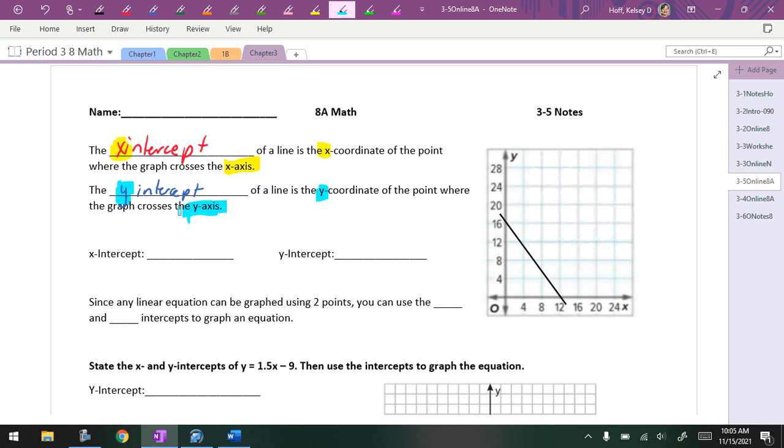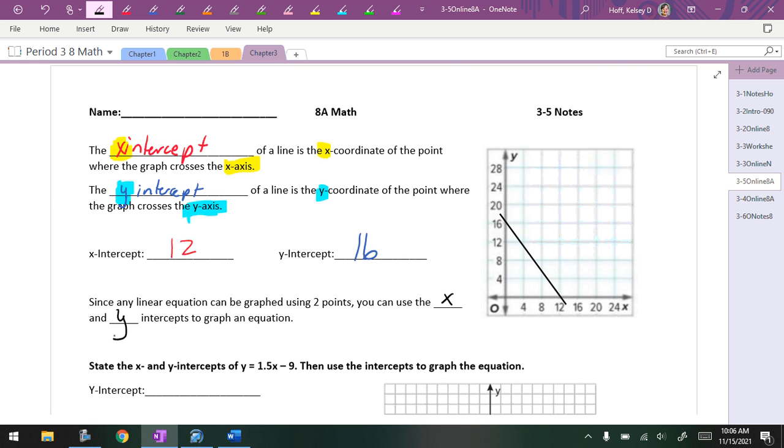Where does that line cross the x-axis? 12. Where's the y-intercept? Where does the line cross the y-axis? 16. So for any linear equation, as long as you have 2 points, you can always graph a line by using the x and y-intercepts.